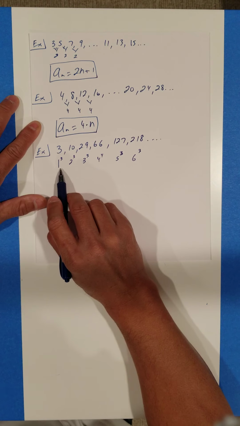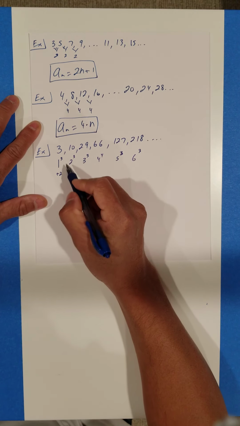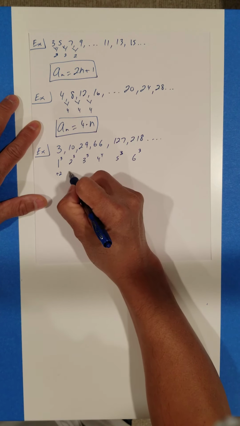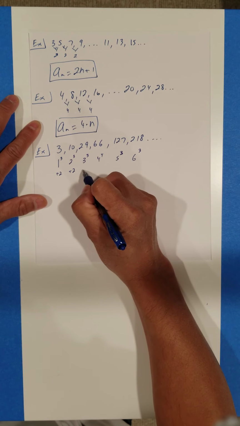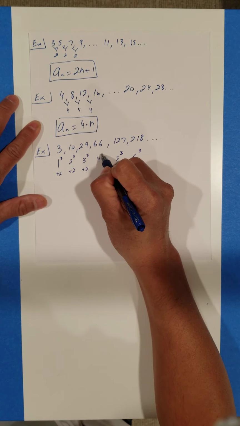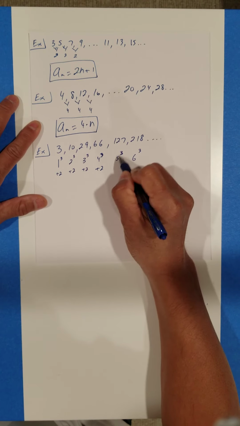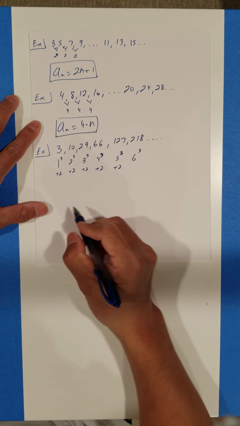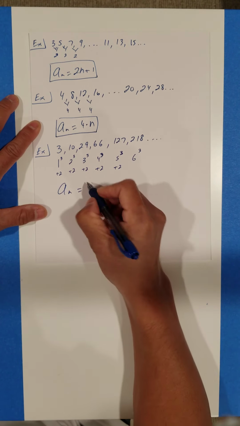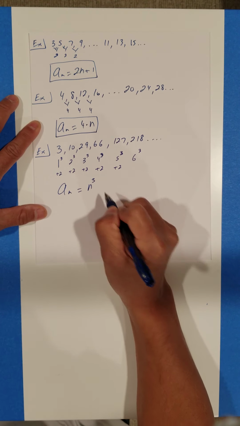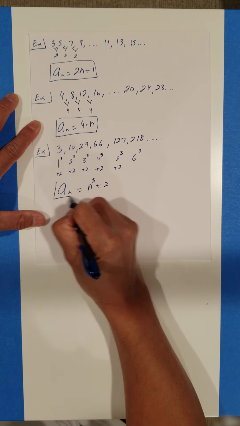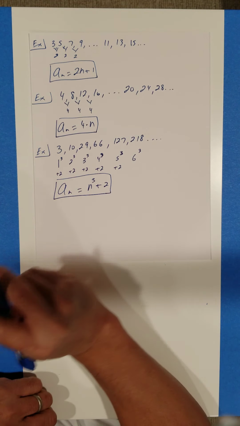If you notice, it's 1 cubed plus 2, that gives me 3. 2 cubed plus 2, I get 10. 3 cubed plus 2. 4 cubed plus 2. 5 cubed plus 2. See that? So my equation is going to be n cubed plus 2. And that should fit. That's how I do that.